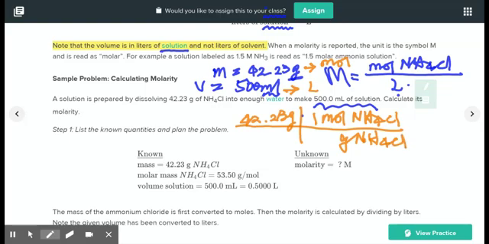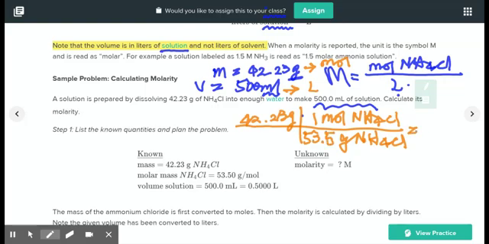So 1 mole of NH4Cl is how many gram of NH4Cl? You have to use a periodic table. It's 53.5 gram.